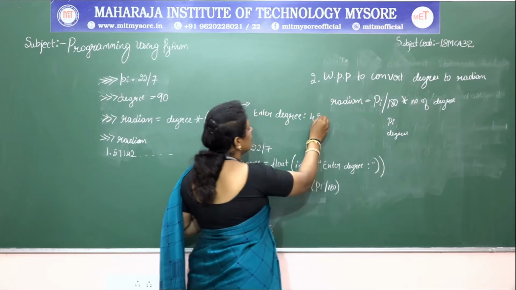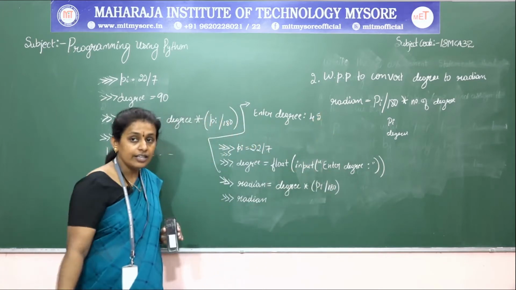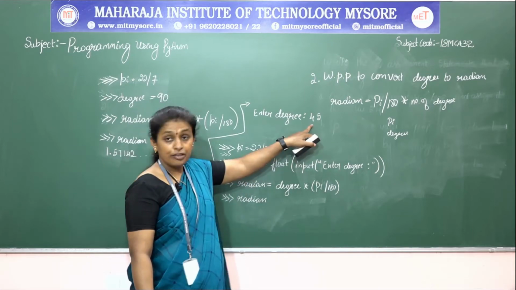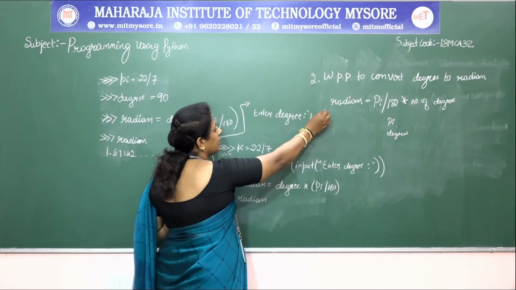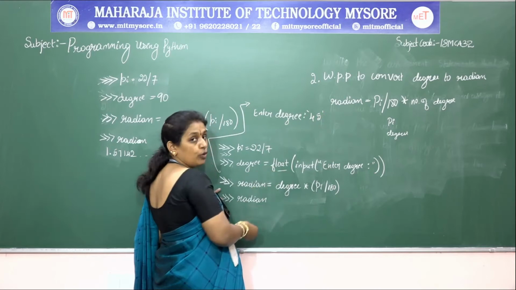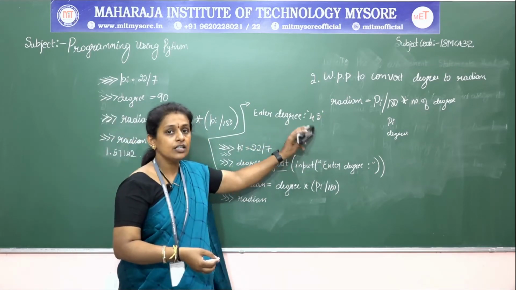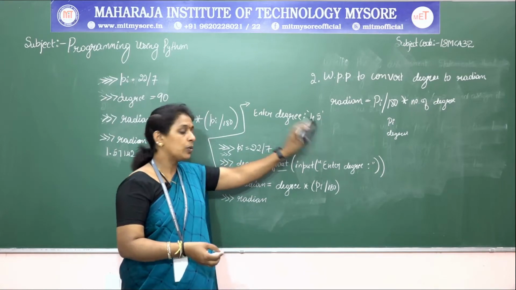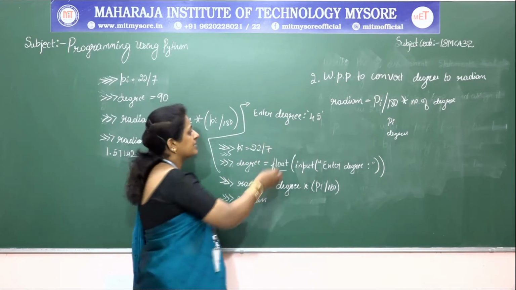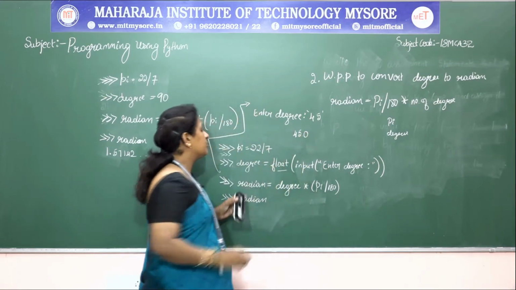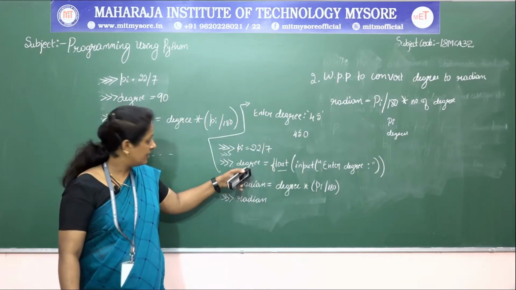I am giving 45 degree. That 45 is in the form of a string, and the float built-in function will convert the string 45 to a floating point representation, that will be 45.0. This will be assigned to the variable called degree.